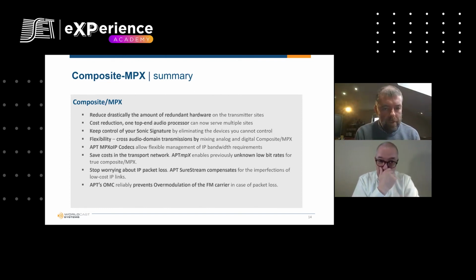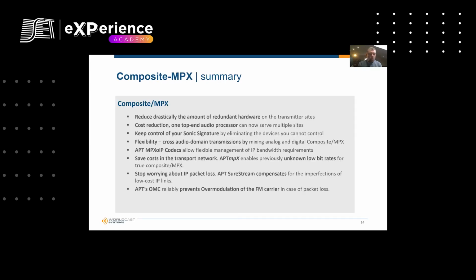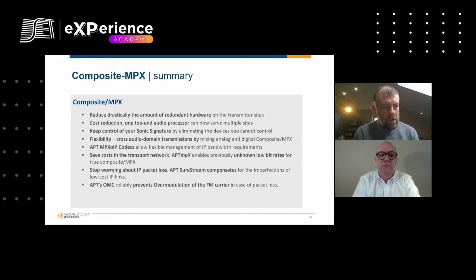Now with APT MPX, this new algorithm, we're able to do around 860 kilobits, and we take care of any issues with packet loss, either by using our SureStream technology, which allows you to send the composite signal across 2 divergent links, and also with our overmodulation cancellation algorithm, which is included in all of the MPX composite coding schemes that we offer on all our codecs.